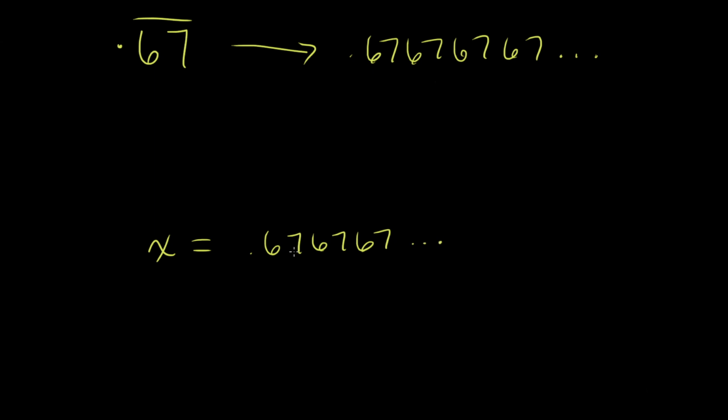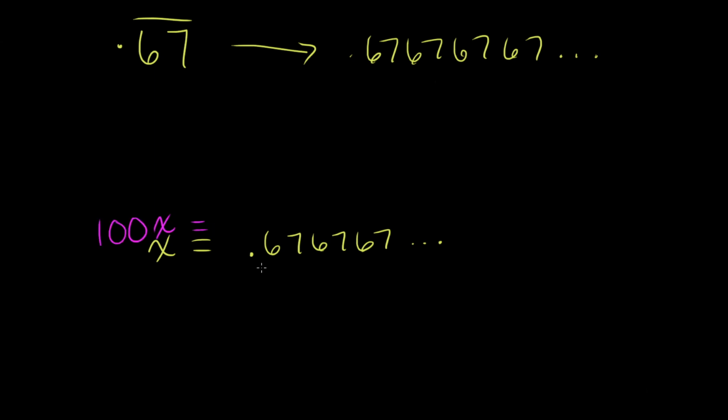Once again, because it's two digits, two decimal places, we're going to want to move this decimal point over two places. So we're going to multiply by 100 again. Well, let me get a different color. We're going to multiply by 100.